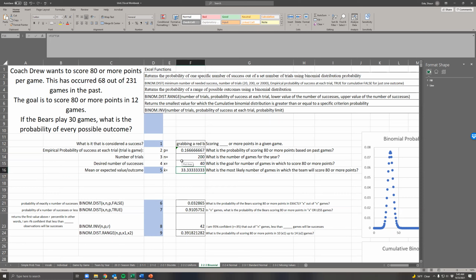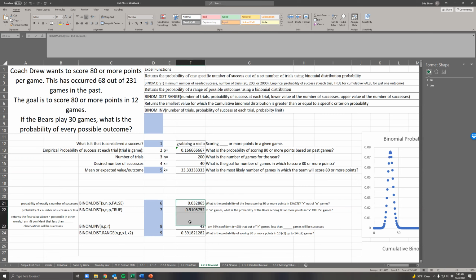And so we come down here again and we do the mean or expected outcome. So the mean or expected outcome is going to be equals the probability multiplied by the number of trials. This is the most likely outcome, 33.3, or 33. If you go up at the top, it's going to say 33.